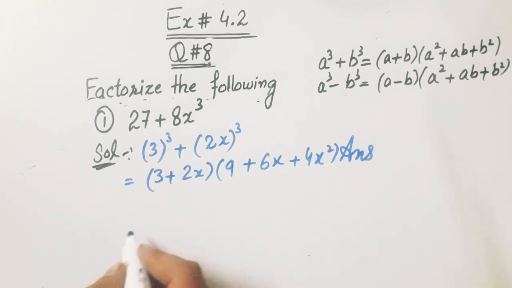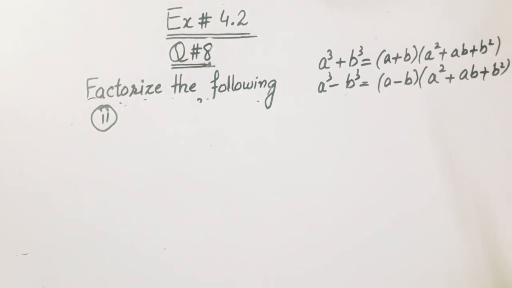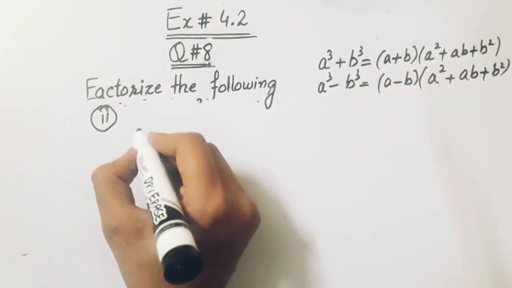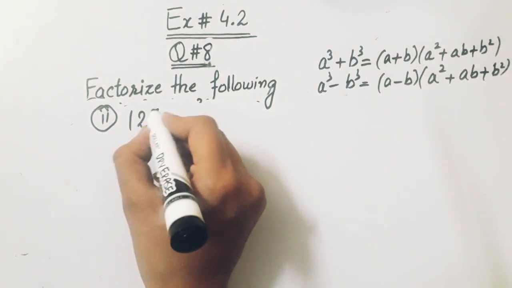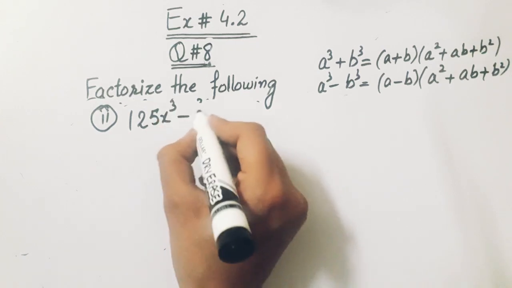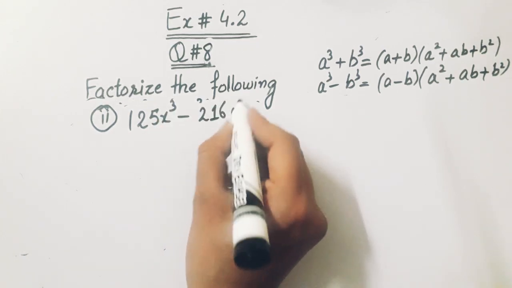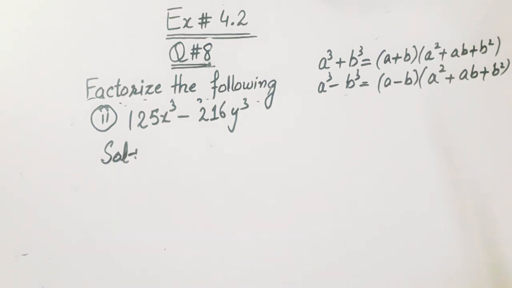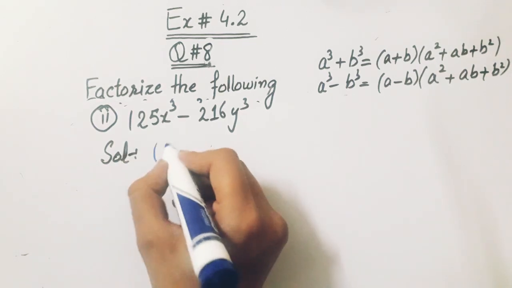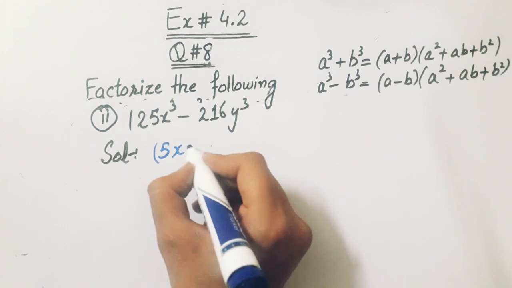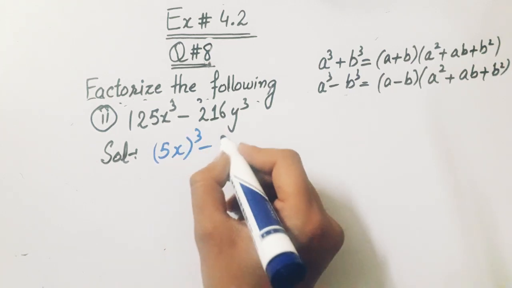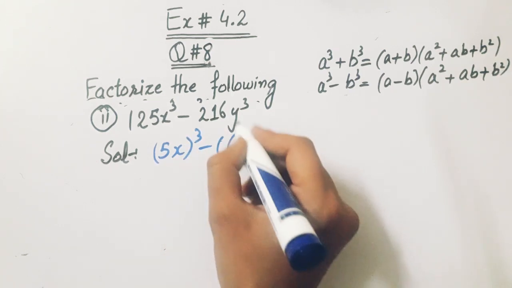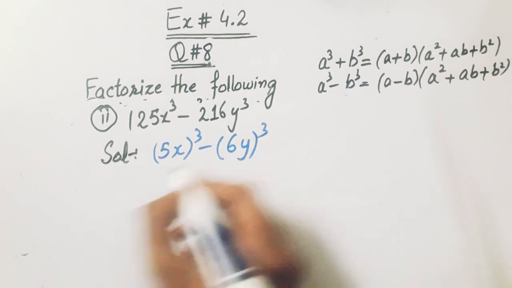Now we will do part 2: 125x cube minus 216y cube. 125 is the cube of 5 and x cube is the cube of x. 216 is the cube of 6 and y cube is the cube of y.